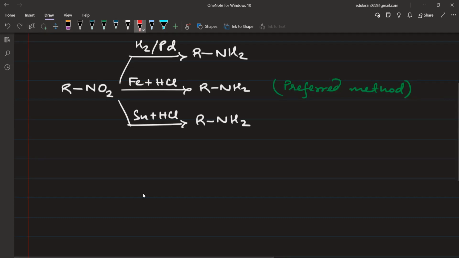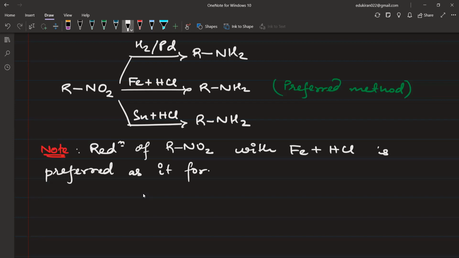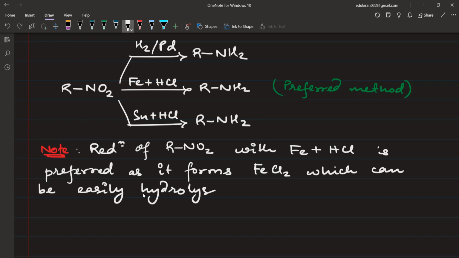Please write. Note: the reduction of nitroalkenes with Fe plus HCl is preferred, as it forms FeCl2, which can be easily hydrolyzed and forms HCl, which can be used back as reagent.